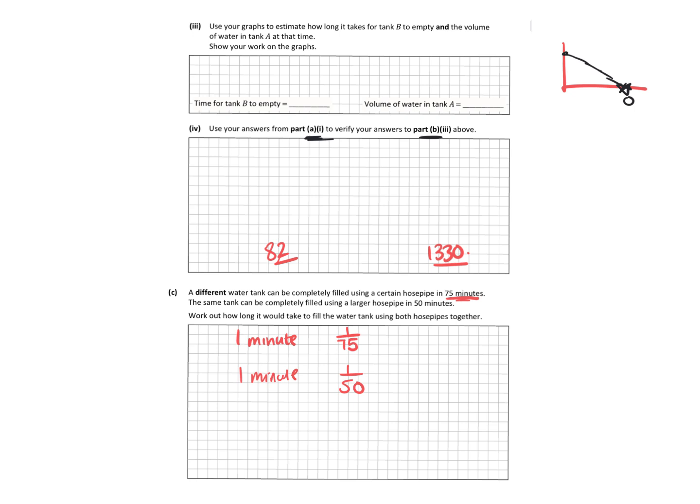So to figure out using both, you're going to add those two fractions together. Your calculator will do it perfectly. It'll give you 1/30. Okay, and what you're going to do then is remember that is 1/30. That doesn't represent the time, that represents the minutes. So the answer is 30 minutes here. That one was tricky, okay?